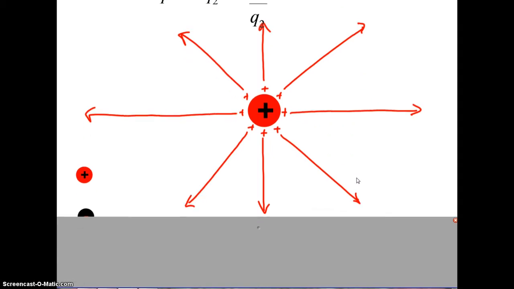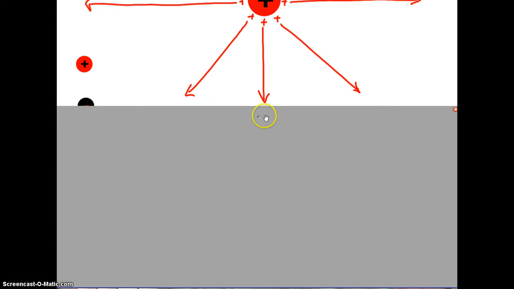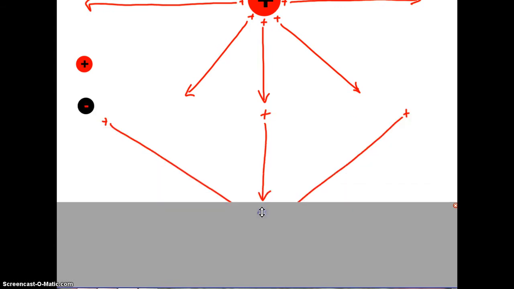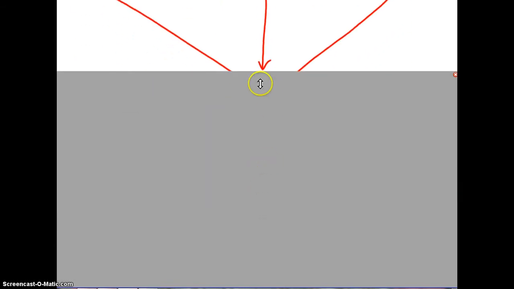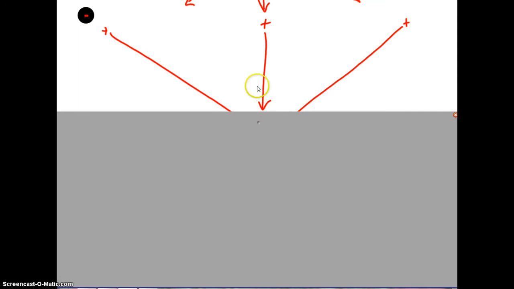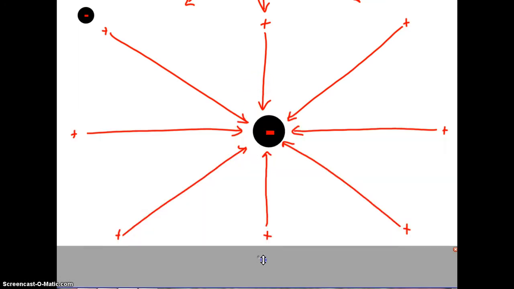Let's move next to a single negative charge. And of course, what we would do here, with the limit of your paper representing infinity, is start with our test charges far away from that source, since our test charges would be attracted to a negative.